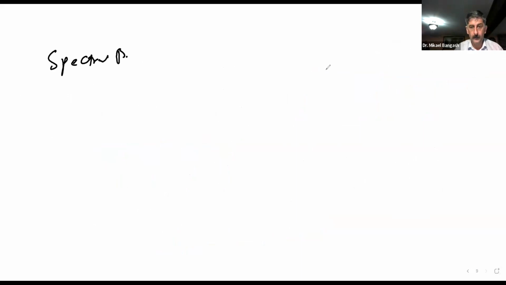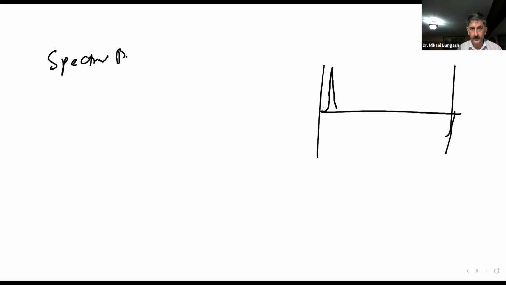Let's compare that to a normal spectral Doppler. Normally, your spectral Doppler should appear something like this, where you see that the outline of the spectrum of your graph is thin.